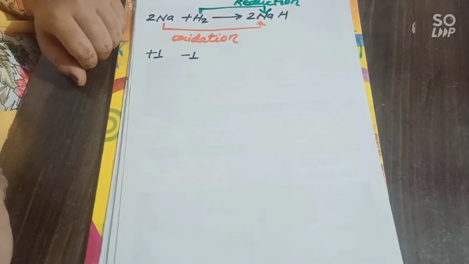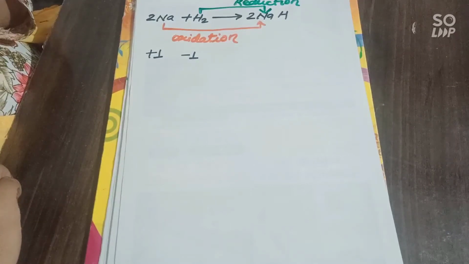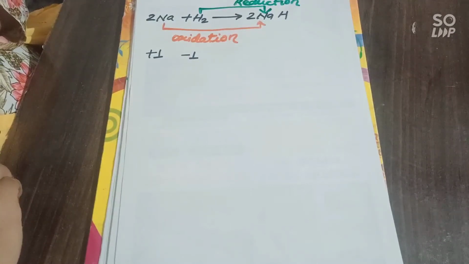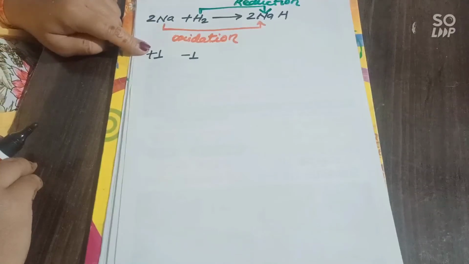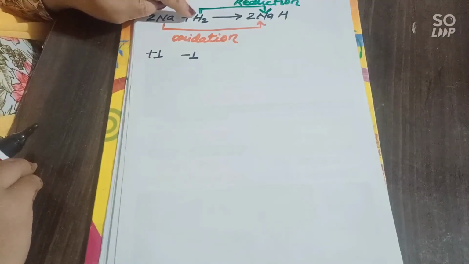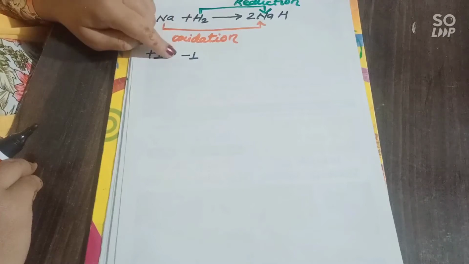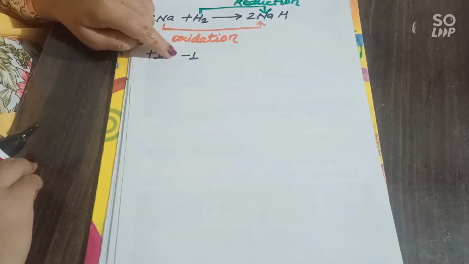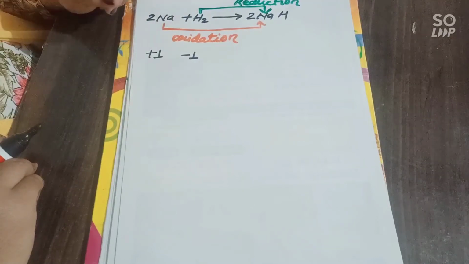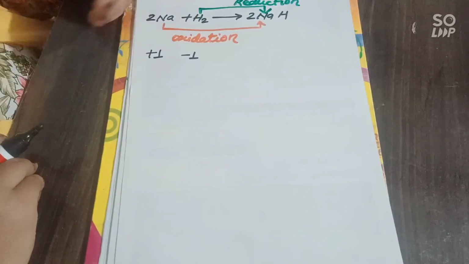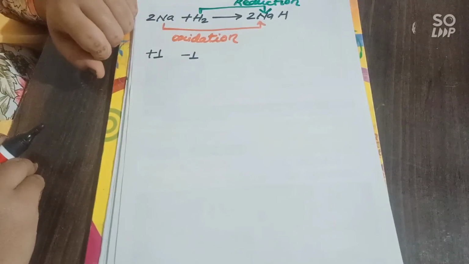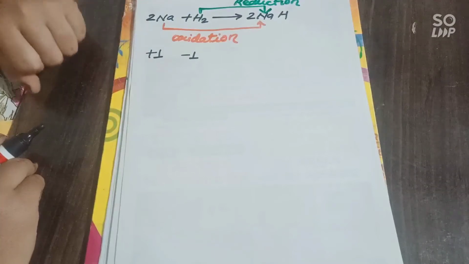Now let us figure out which is oxidizing agent and which is reducing agent. Sodium having 1 extra electron is giving it to hydrogen, which is in need of 1 electron. So this is actually the loss of electron, and the species which loses electron is always termed as reducing agent.